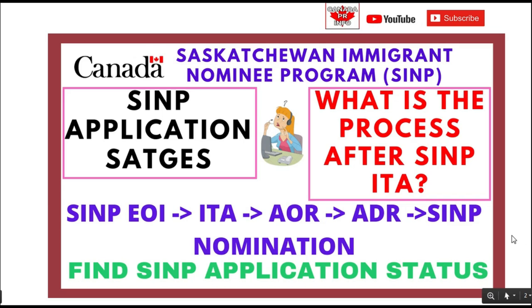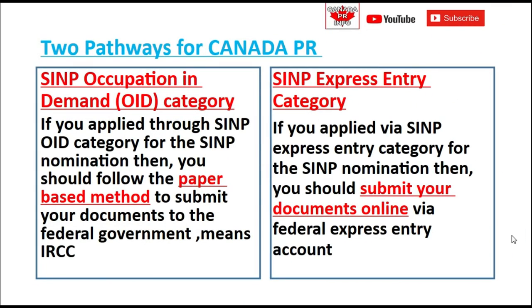Now let's assume that you applied in the Saskatchewan PNP program and you received the SINP nomination letter. There are two pathways to apply for Canada PR. If you applied through the SINP OID category for the SINP nomination, then you should follow the paper-based method to submit your documents to the federal government, meaning IRCC.